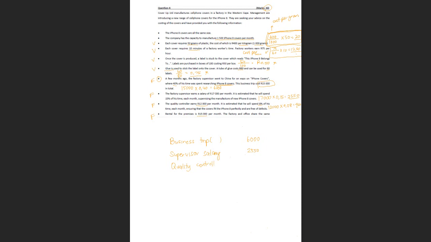And the last one was your rent, which was again also calculated depending on the amount of space that producing this item would have given us. So here it would have been the 1,275.